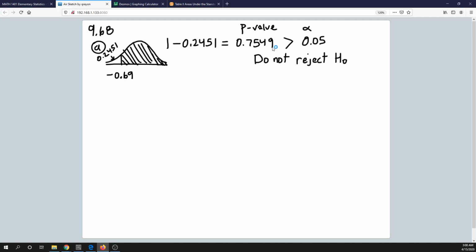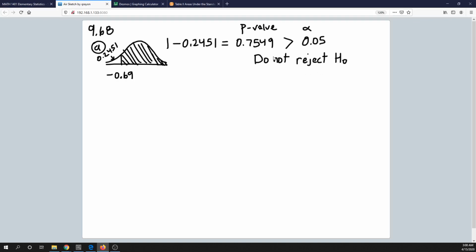It's just not that rare that you're going to get a sample like this coming from a population whose mean is whatever the number specified in the null hypothesis is. In fact, it's going to be about a 75% chance, so that's not really rare at all. And so therefore, we are not going to reject the null hypothesis.